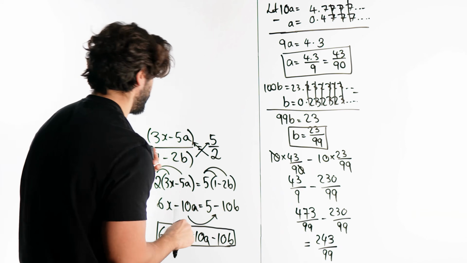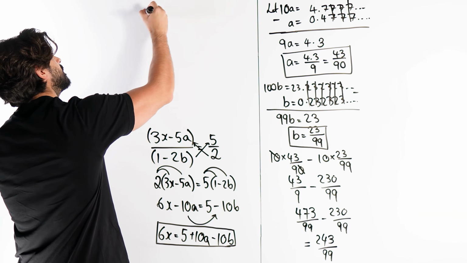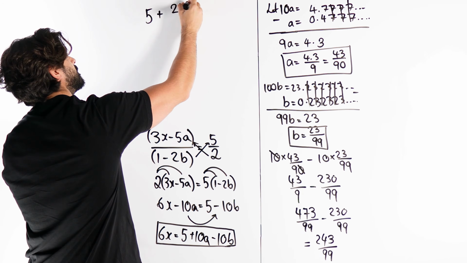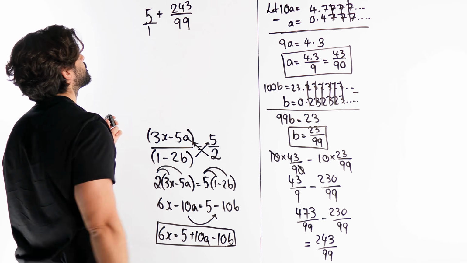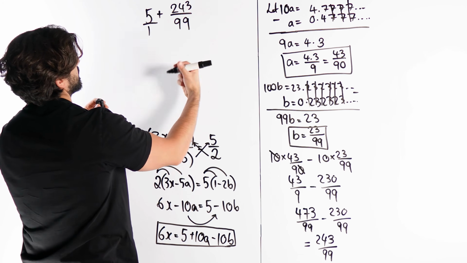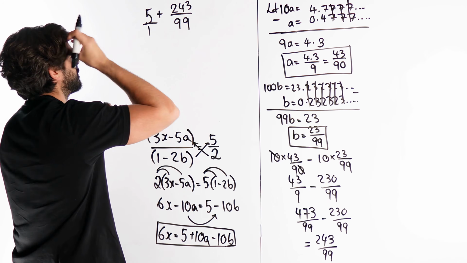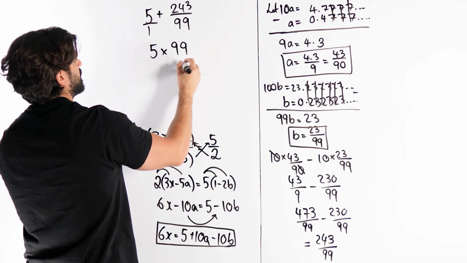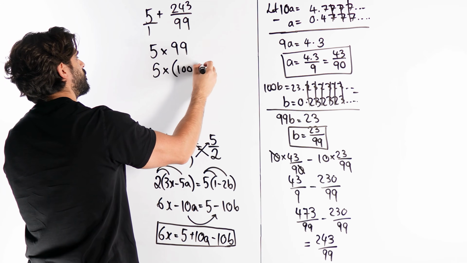So, we're doing 5 plus all that. So we're doing 5 plus 243 over 99. Which means we're going to write that over 1. And then we have to multiply 5 by 99. Which you could do 5 times 100 and then subtract 5, right? So to do 5 times 99, I'm going to write as 5 times 100, take away 1.